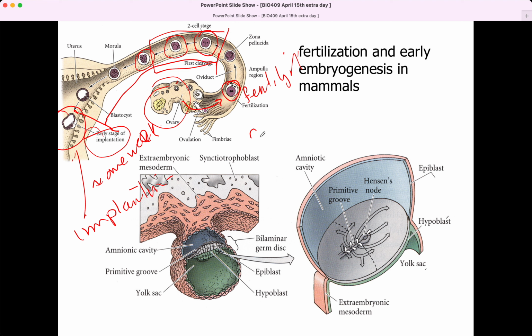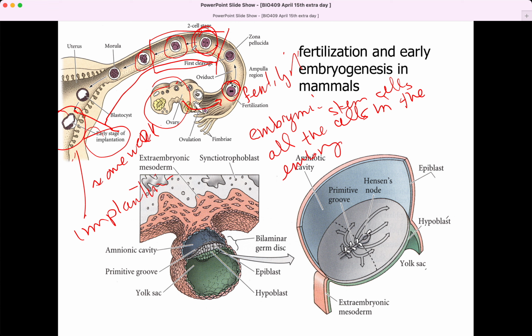And embryonic stem cells are all the cells in the embryo. So at the 2-cell stage, those are both embryonic stem cells, at 4-cell, there are four embryonic stem cells, and so on. So all the cells in the embryo, prior to implantation. Once the embryo implants, the cells start to become different, and they are no longer embryonic stem cells.